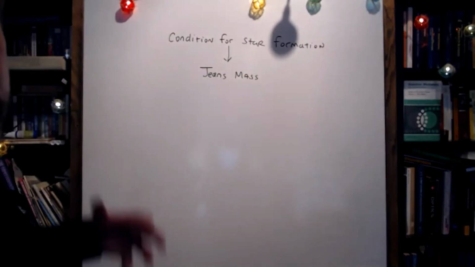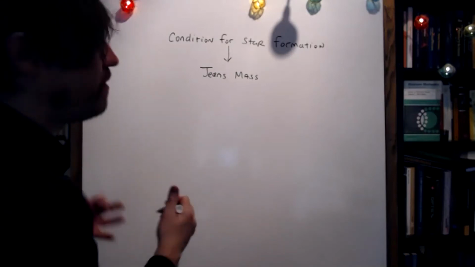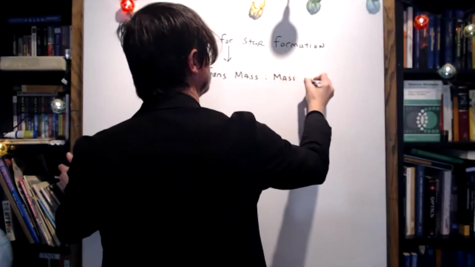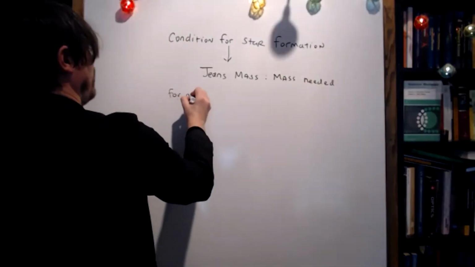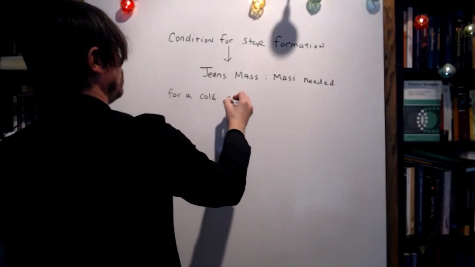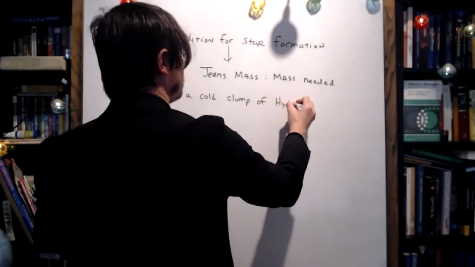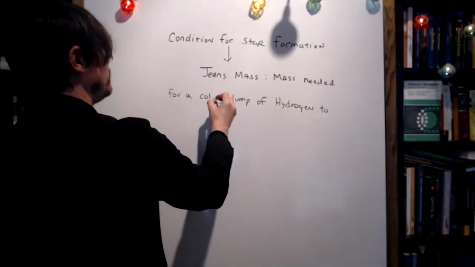The Jeans mass is the mass needed for a clump of gas to contract under its own gravity. It's the mass needed for a cold clump of hydrogen to contract into a star.